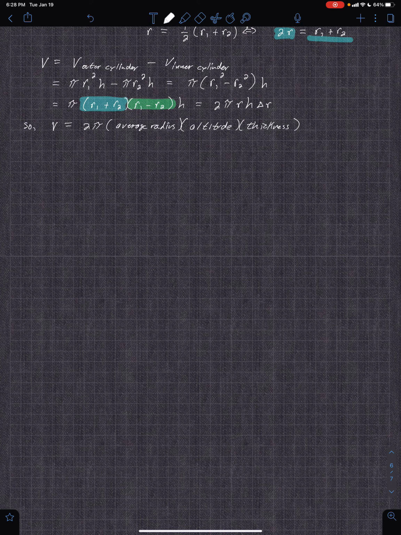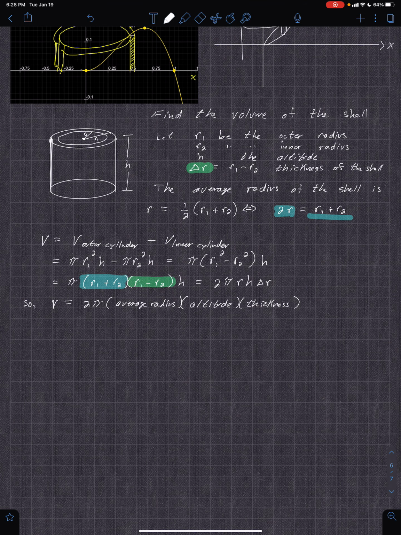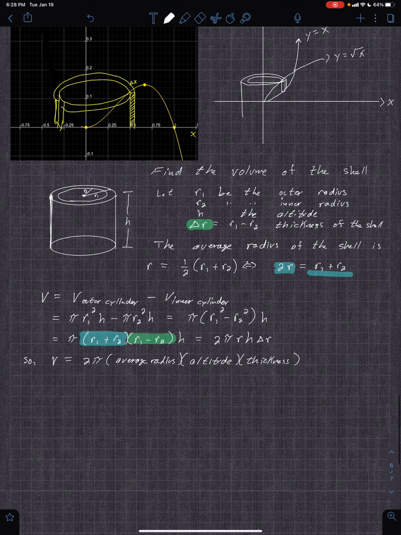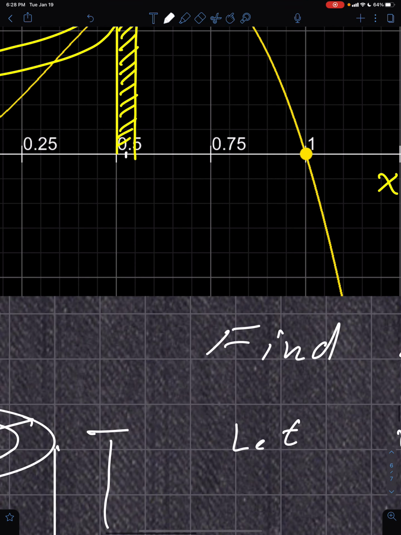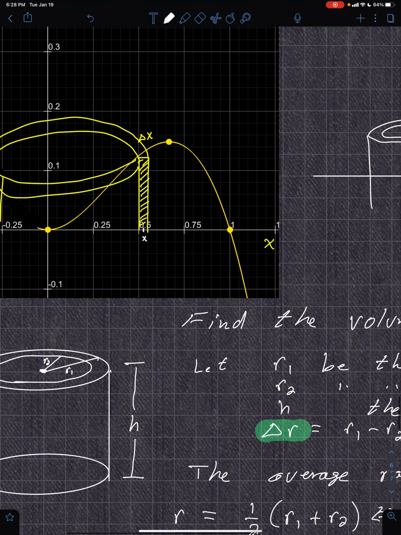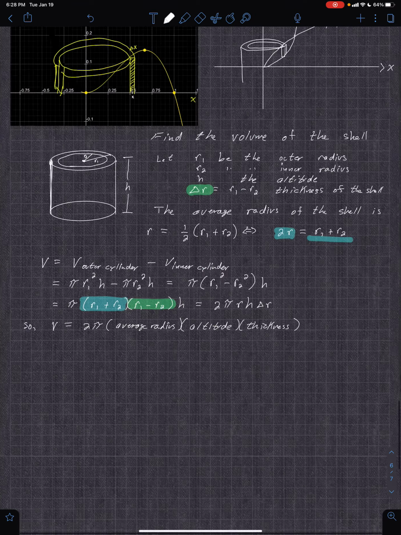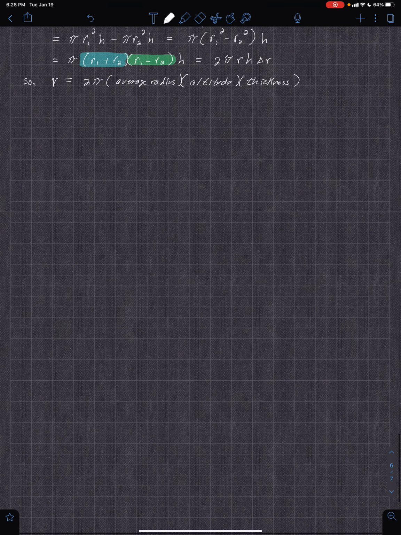So the average radius basically is going to be a value, whatever value x that is. So when you come back here, we're just going to say it's right there, and that's just x. Or if you're going the other direction, the shell on its side, it'll just be y. So it's average radius, altitude will be the function value, and then delta x.